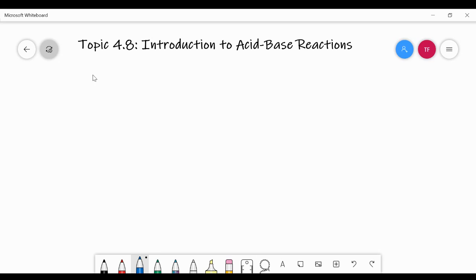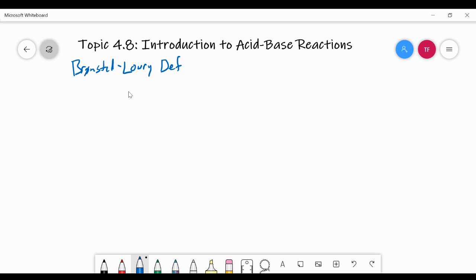So when we talk about acids and bases, there are a couple of different definitions that we look at. The first one we're going to talk about is the Bronsted-Lowry definition. Bronsted and Lowry were two different scientists that came up with this definition contemporaneously, and so it's named after both of them, on how acids and bases behave.